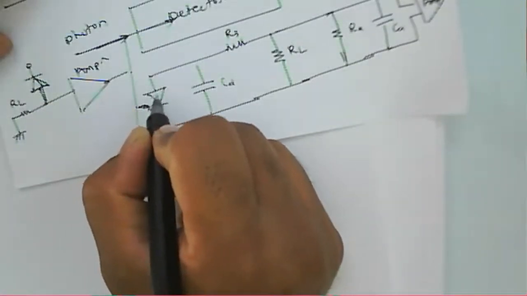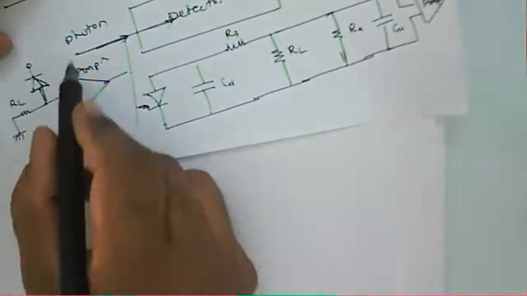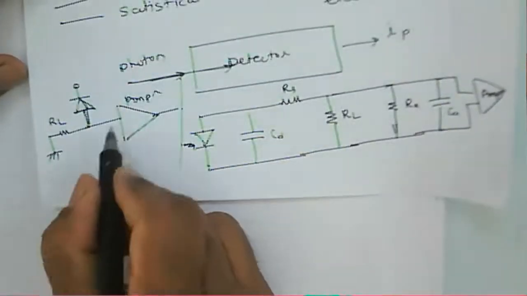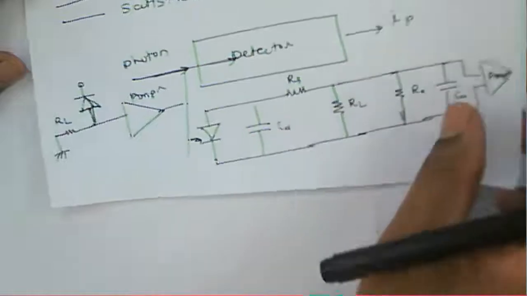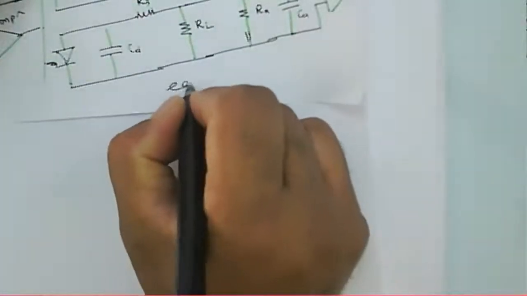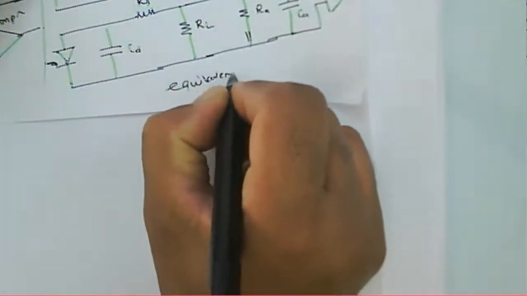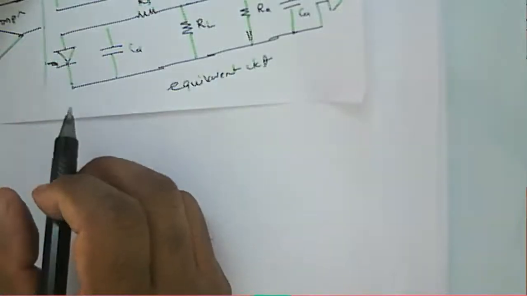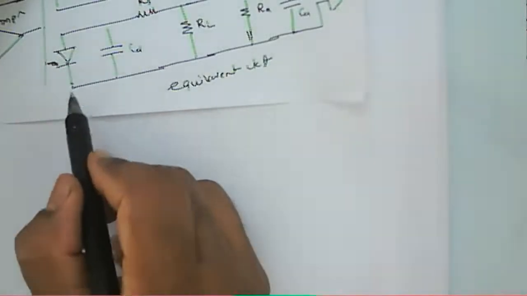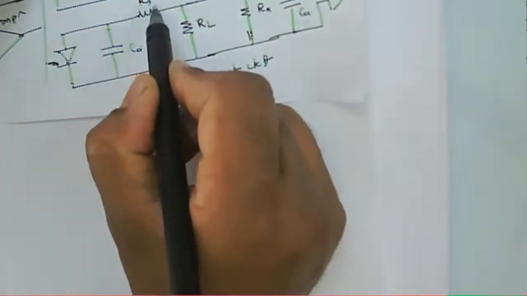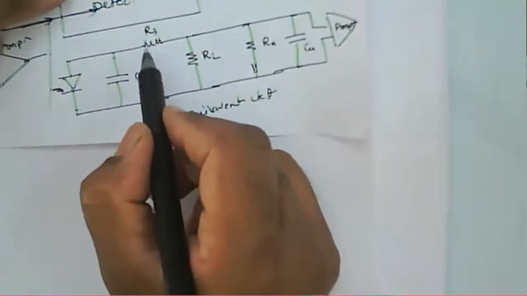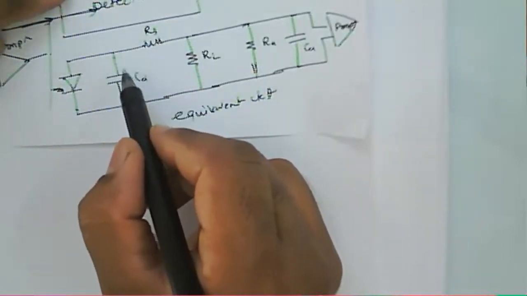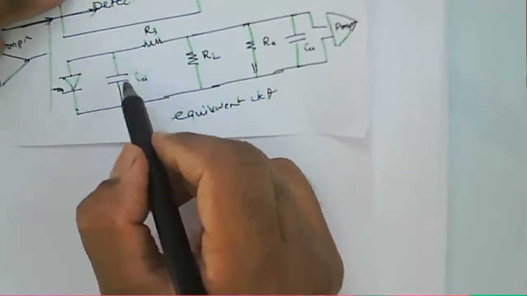This one is the photodiode. This one is the main circuit, a photodetector at a receiver, and then this one is the equivalent circuit. This equivalent circuit has a series resistance, RS. Then we have a junction capacitance, or we can say a packaging capacitance.